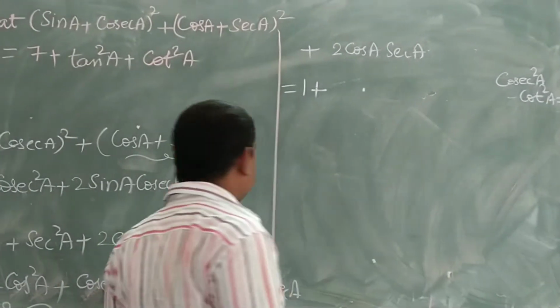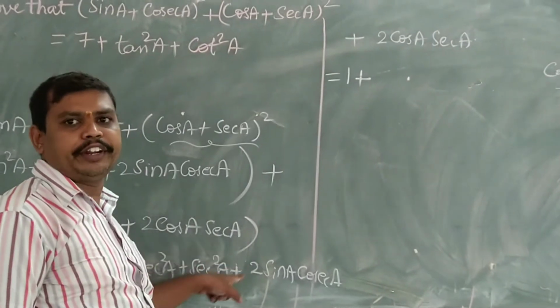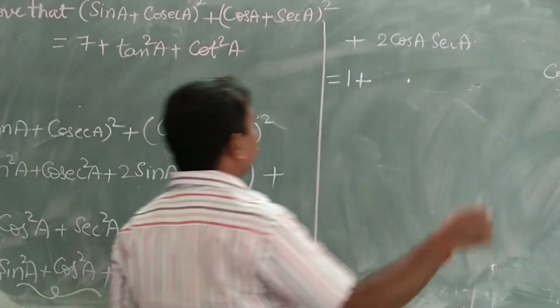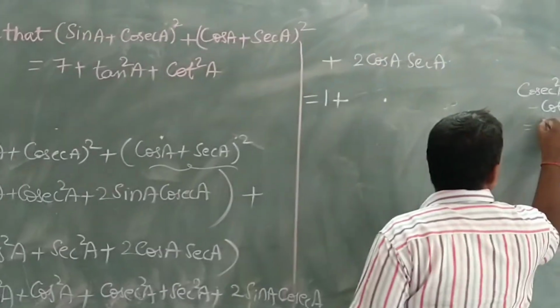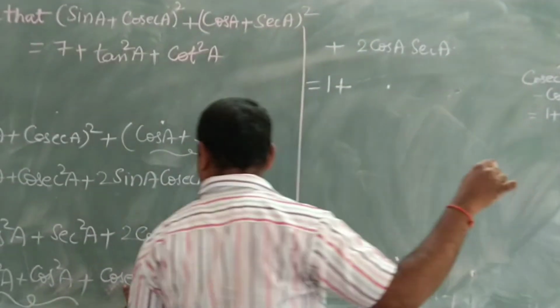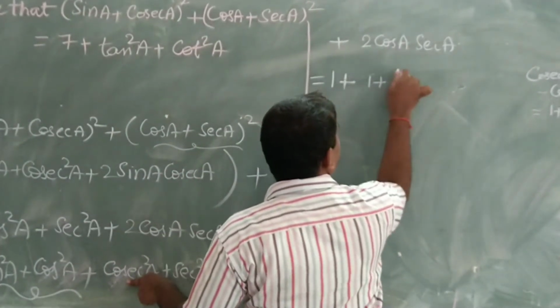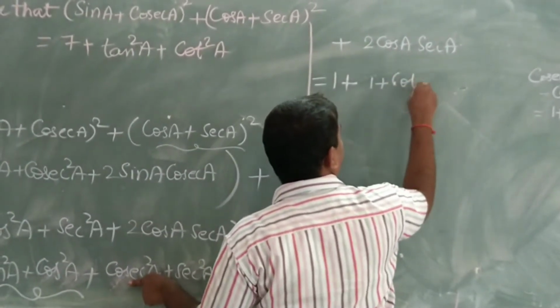Now we want the value of cosecant square A. If you want the value of cosecant square A, you are going to get 1 plus cot square A. So the value of cosecant square A is nothing but 1 plus cot square A.